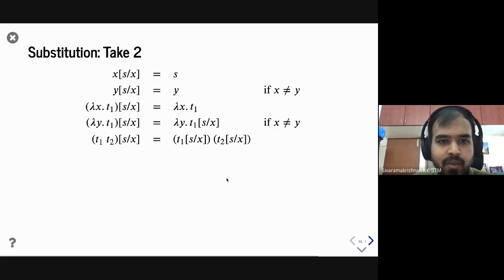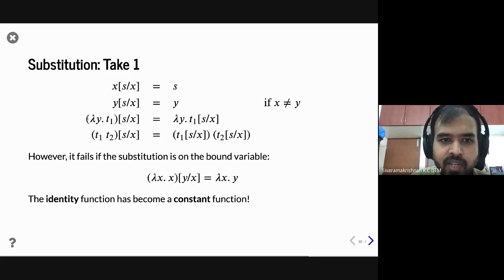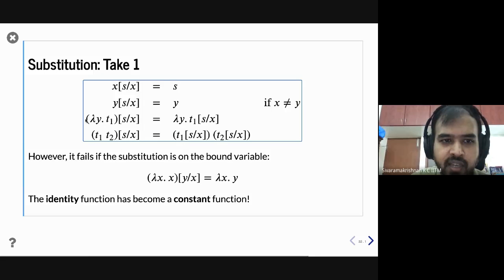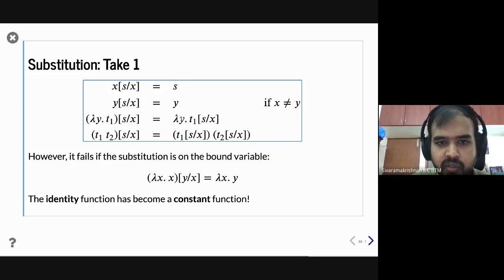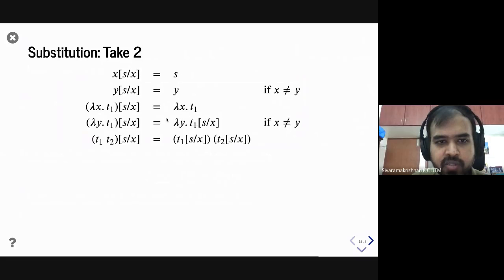The way we can fix this is by splitting this definition. I took this rule for substituting in a lambda and split it into two different rules.